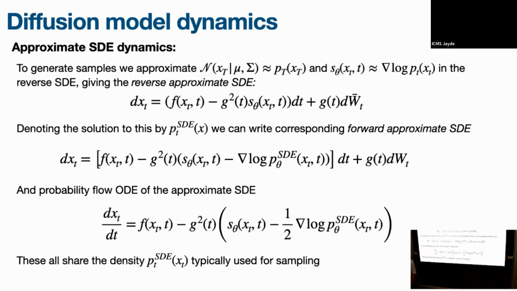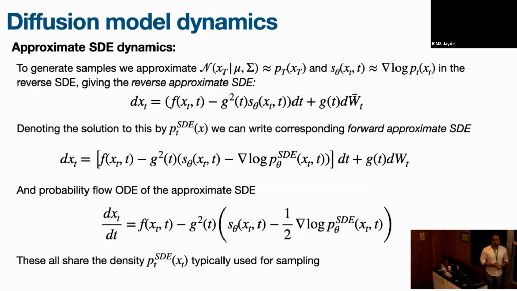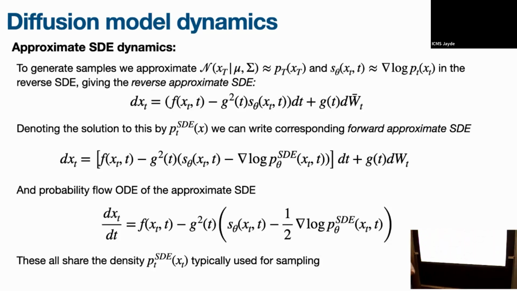And you make another approximation that p_T is the stationary distribution, which usually doesn't do too much harm. But now this reverse SDE is just an SDE. This goes backwards in time, which means that you can reverse this and write down the corresponding forward SDE, which has this density. And it also has an associated probability flow ODE.